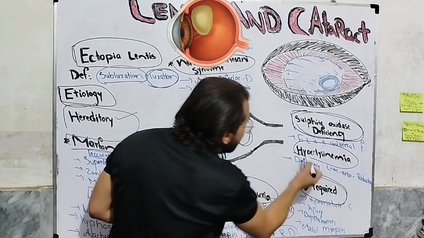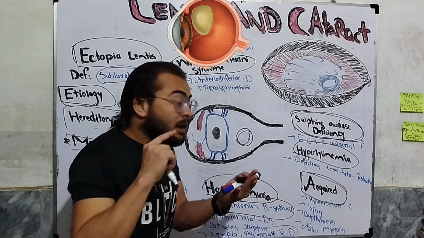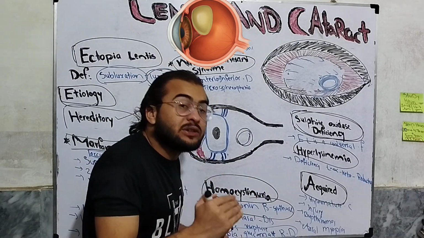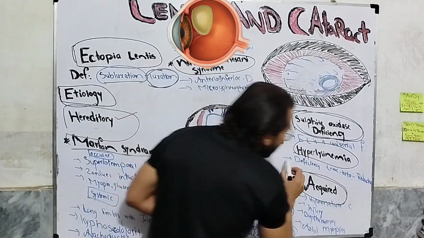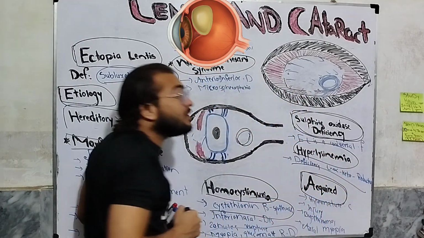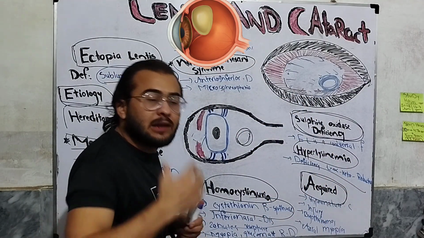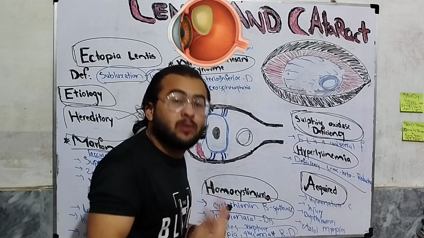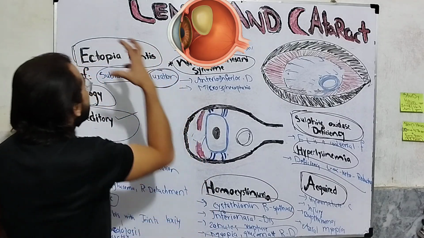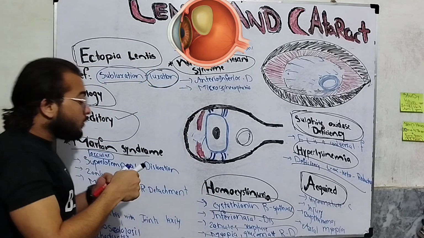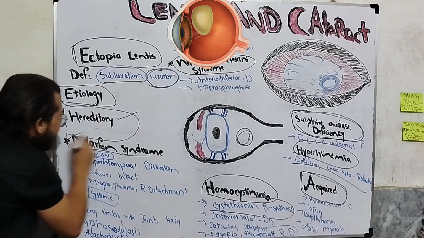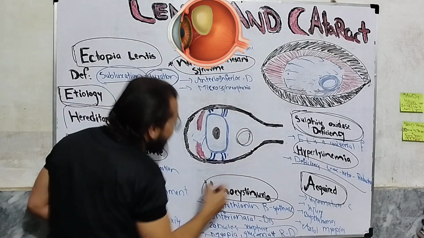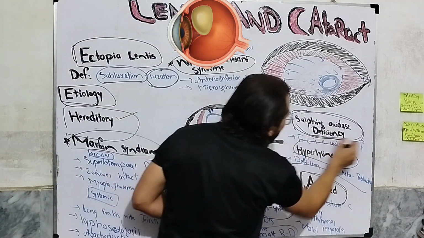This is due to the deficiency of an enzyme called lysine alpha ketoglutarate reductase. When this enzyme is deficient, it causes increased lysine amino acid in the blood and causes ectopia lentis. So these are a few of the hereditary conditions in which we have dislocation of the lens.